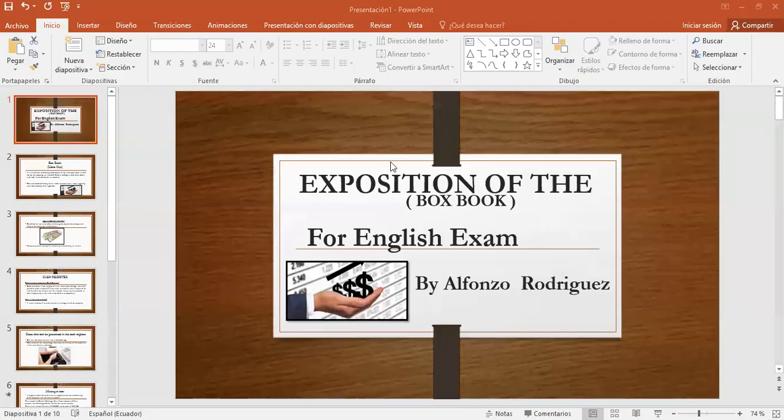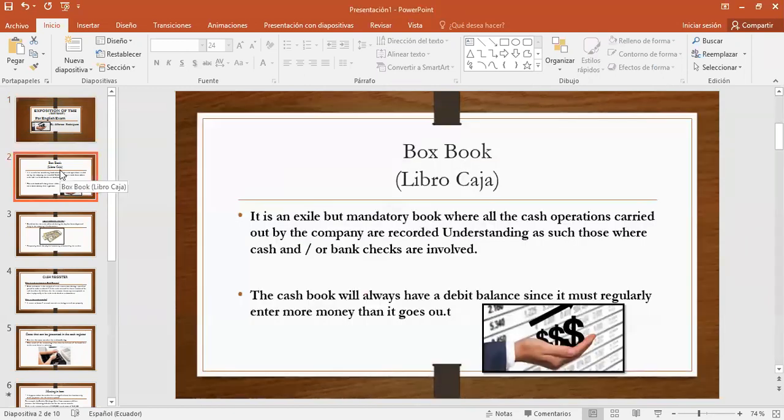This is my presentation of the book for the English exam by Alfonzo Rodriguez. The cash book is an Excel but mandatory book where the cash operations carried out by the company are recorded, understood as such those where cash and/or bank checks are involved.